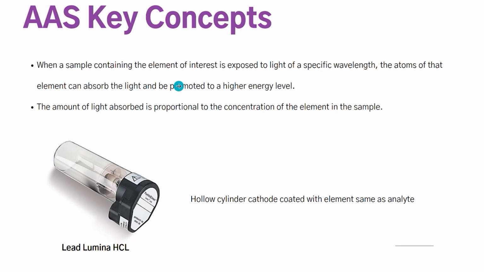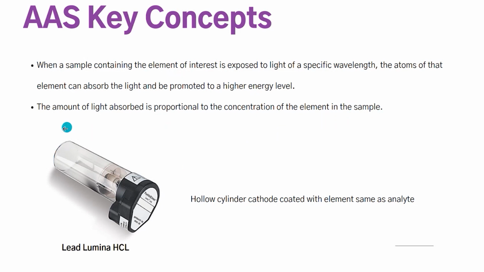Now, when a sample containing the element of interest, so let's say lead, is exposed to light of a specific wavelength, the atoms of that element can absorb the light and be promoted to a higher energy level. The light absorbed by it is proportional to the concentration of the element in the sample.